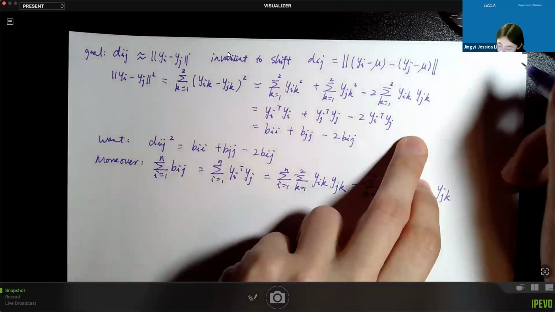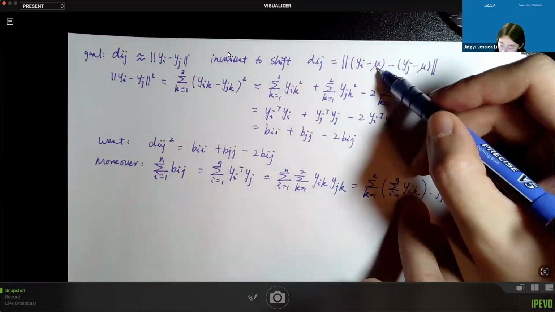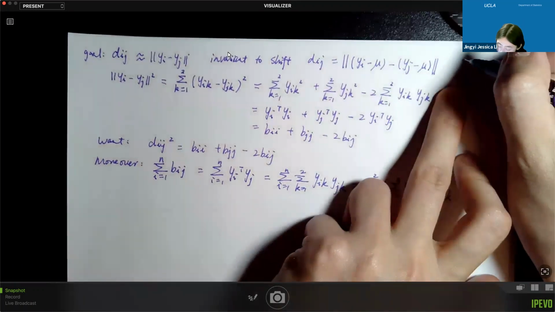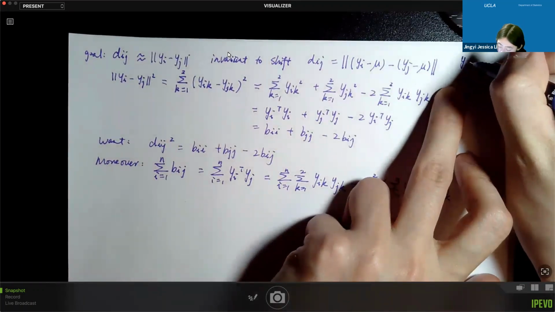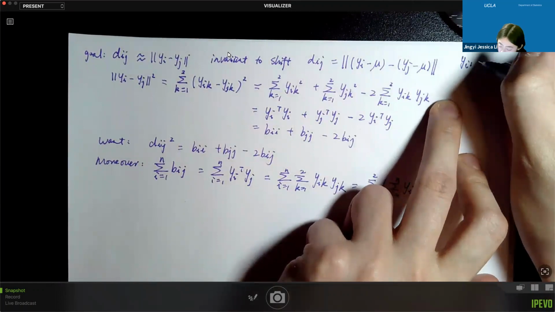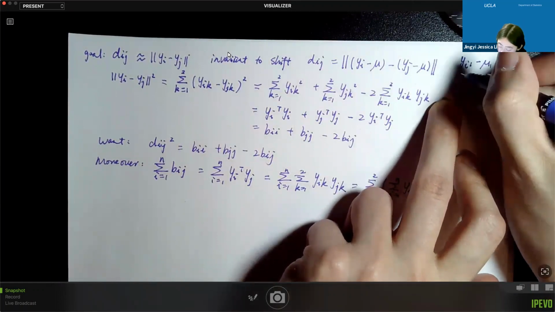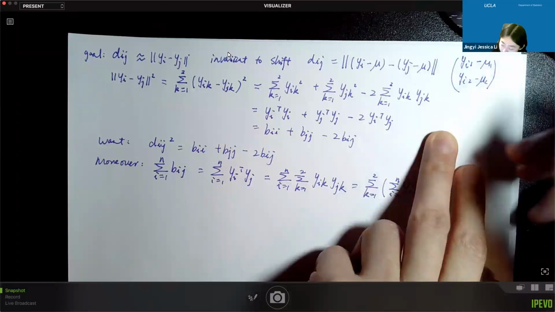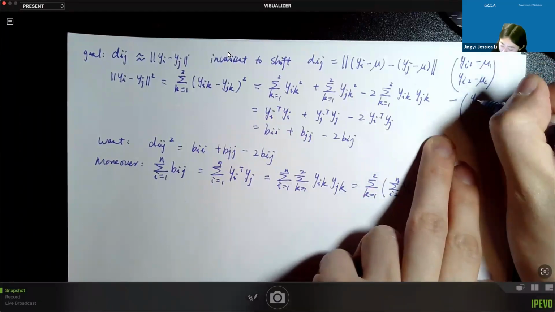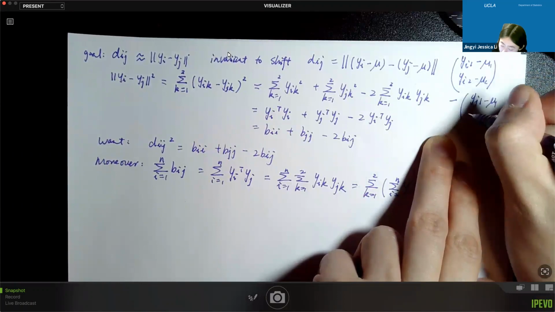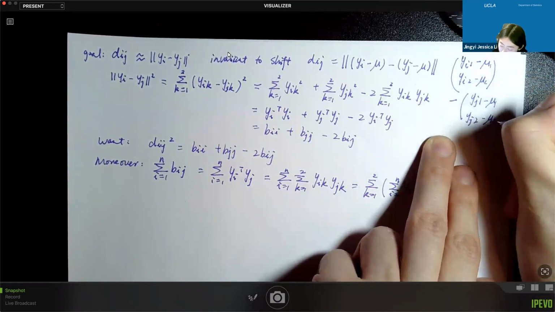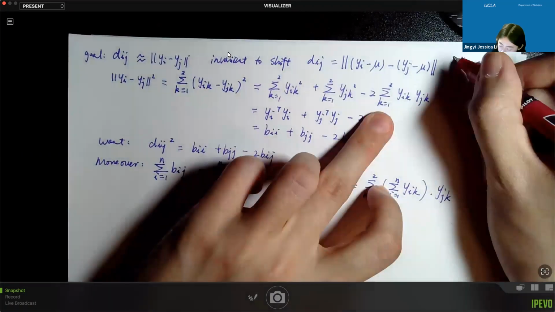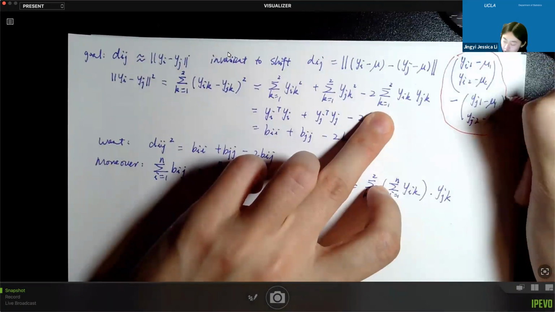Let's say mu is a mu vector. So Y_i1 minus mu_1, Y_i2 minus mu_2, minus Y_j1 minus mu_1, Y_j2 minus mu_2. What I mean is that I want to do the standard shifting in each dimension.